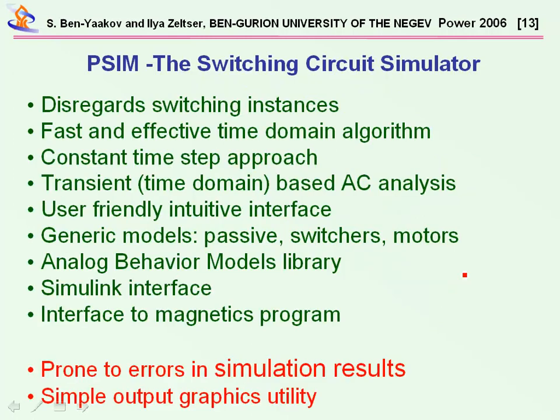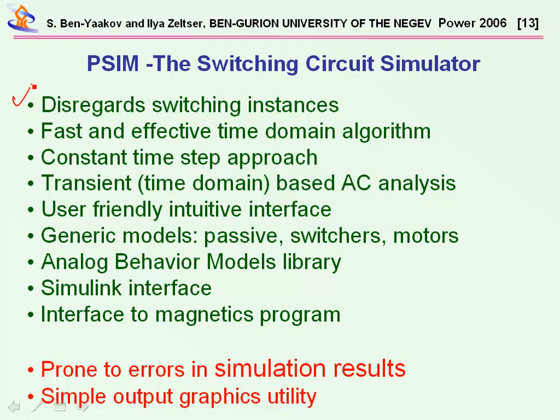Another simulator, which is different in that it is not based on SPICE at all, is called PSIM, or Power Simulator. It is a time domain simulator, only in the transient analysis. It is different in the sense that it has fixed steps. It disregards the actual transition.